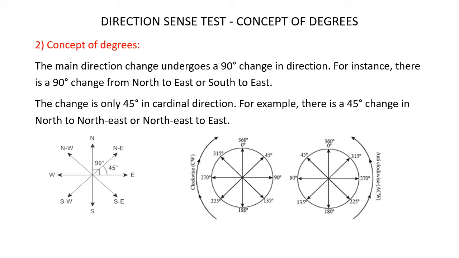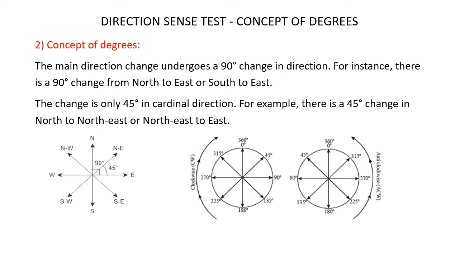These two diagrams give you the degree change from the north direction when you're moving in clockwise direction or in the anti-clockwise direction. This means from the north direction, if you move 45 degrees in the clockwise direction, then you will be in northeast. But if you move 45 degrees from north in anti-clockwise direction, you will be in northwest.